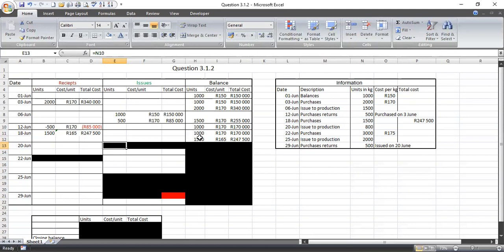We see that in our balance, we have a total of 2,500 units in our warehouse. So this means that we are able to issue the 800 units. We have to use the FIFO method. The first units that were purchased were the 1,000 units.